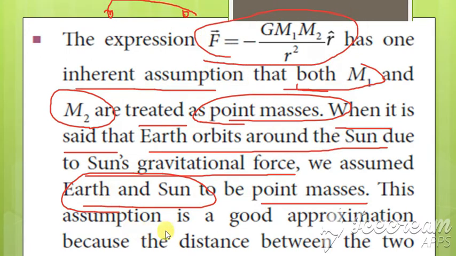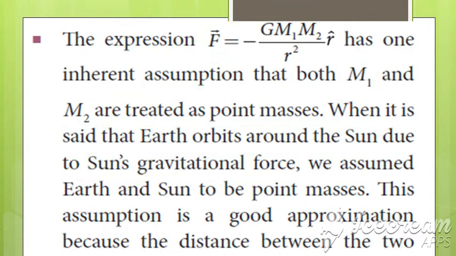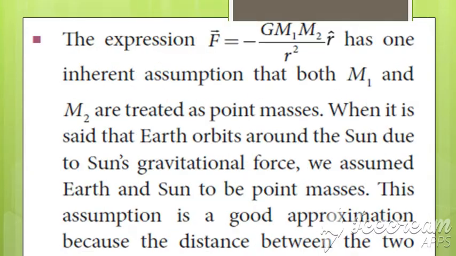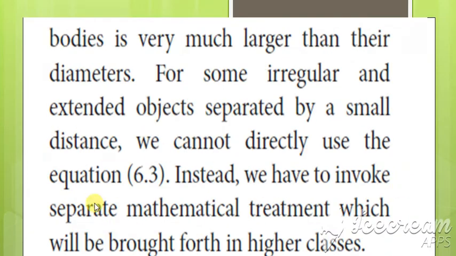This assumption is a good approximation when the distance between the two bodies is very much larger than their diameters. The distance between the two bodies is much larger than their diameters.